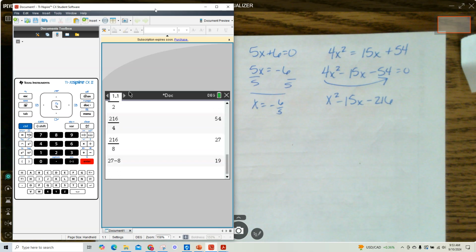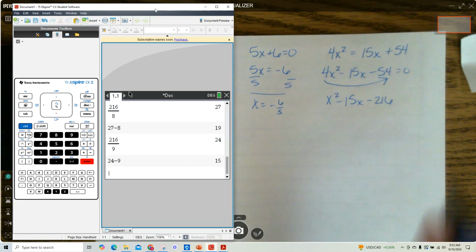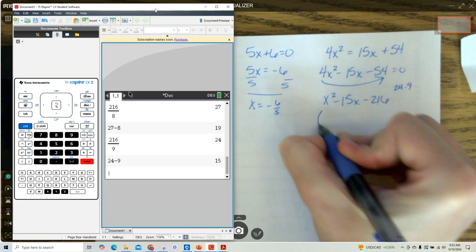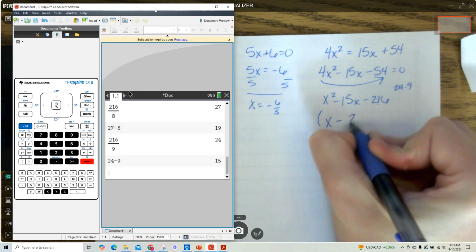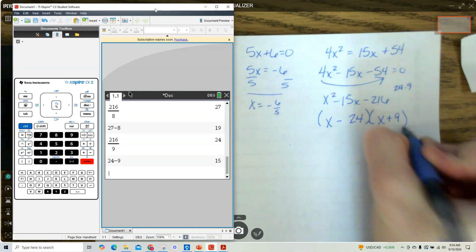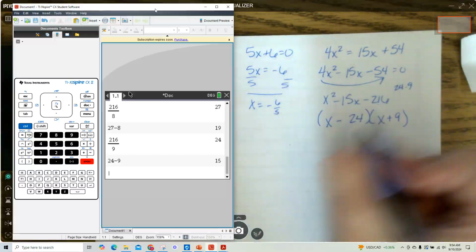27 minus 8. Nope, still too much. 216. I just kind of start working through the factors. 9 and 24, 24 minus 9 gives me a 15. So 24 times 9 gives me 216. 24 has to be negative to get that negative 15. So undo your slip.